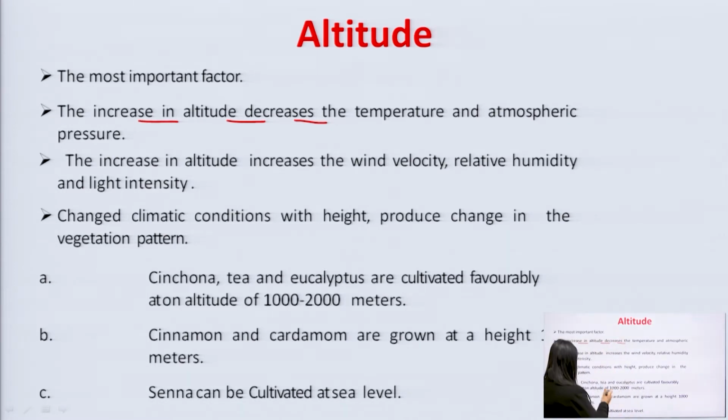For example, cinchona, tea and eucalyptus are cultivated favorably at a higher height, that is 1000 to 2000 meters. They cannot be grown at low height. Cinnamon and cardamom are again grown at a height of 1000 meters. Senna can be cultivated at sea level.